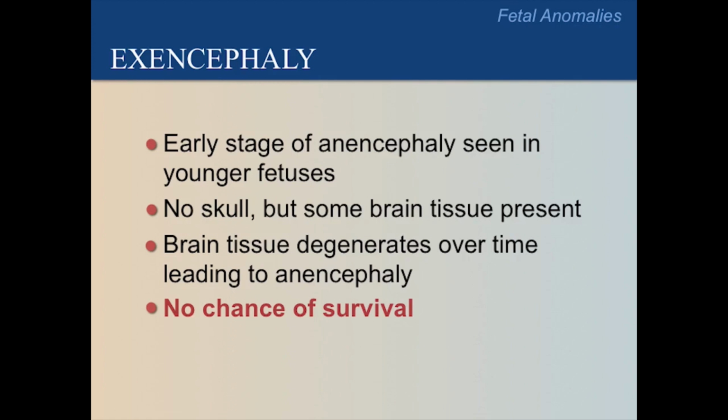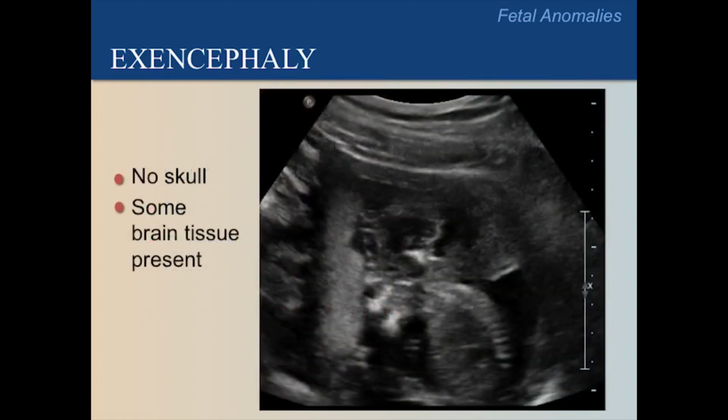This is an example of exencephaly. There is no skull, but some brain tissue is still present. Please pause the video now to have a participant point out the brain tissue, fetal face, and fetal spine.